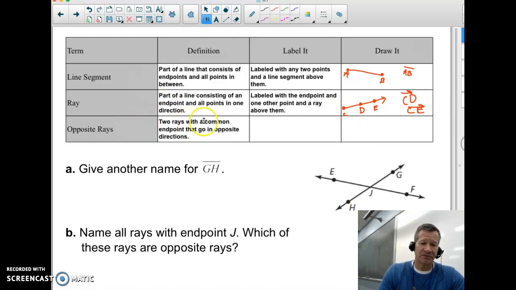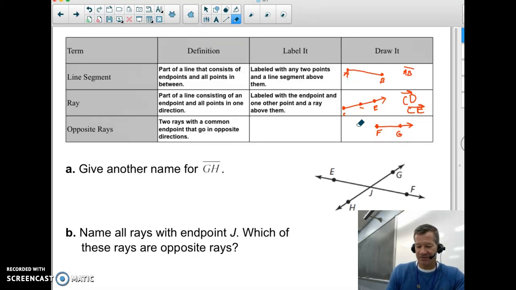Now, opposite rays are 2 rays with a common endpoint. So a common endpoint, let's call this point F, that go in opposite directions. So I can have a ray going this way, we call it FG, and I could have a ray going, oh man, exactly in the opposite direction, which again, I'm just making a mess out of. Well, let's say that's as good as the opposite direction I can do. I'll try one more time, I'll tell you what.